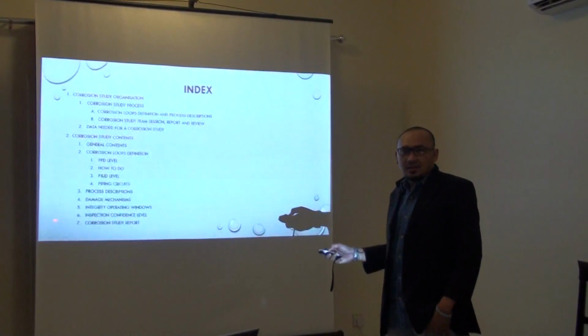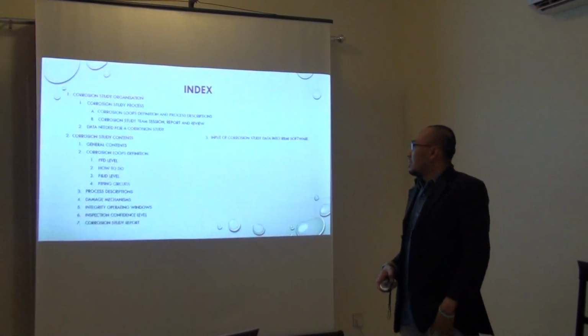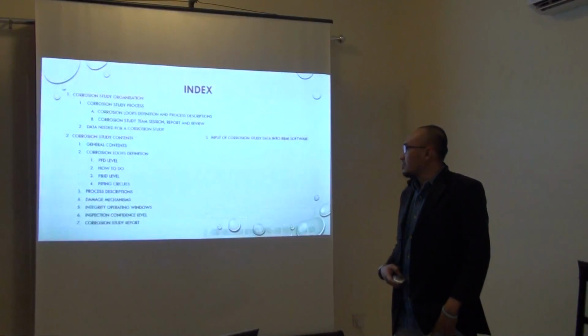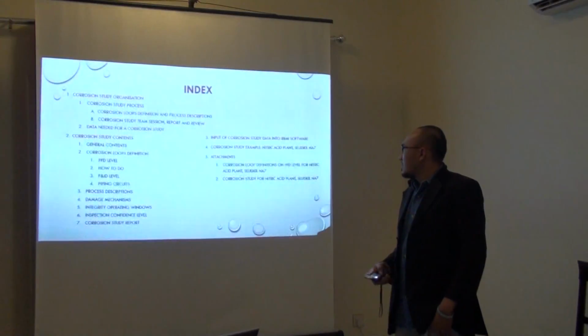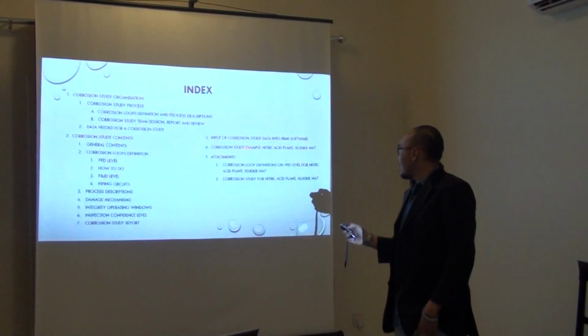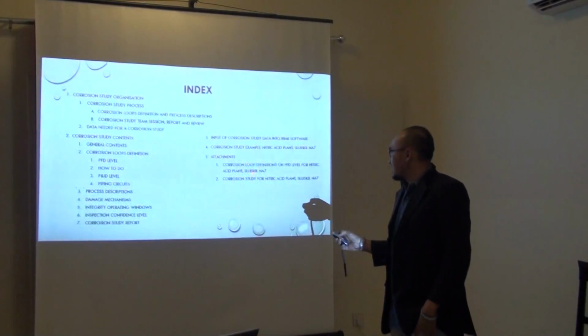The last thing is making the corrosion study report. There is another thing about the input of the corrosion study to the RBMI software, and we have a study on the plant of nitric acid.